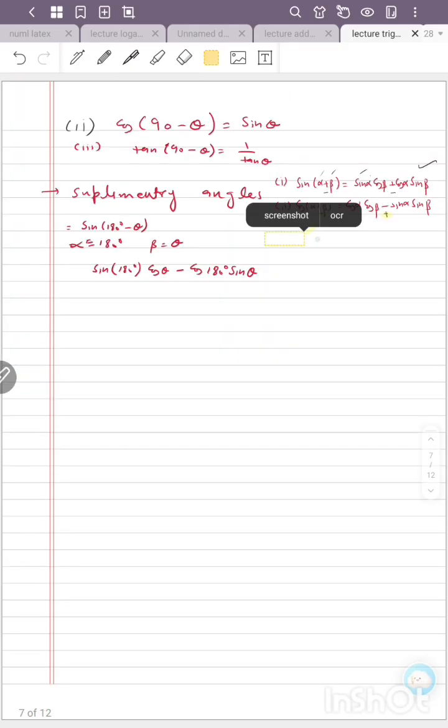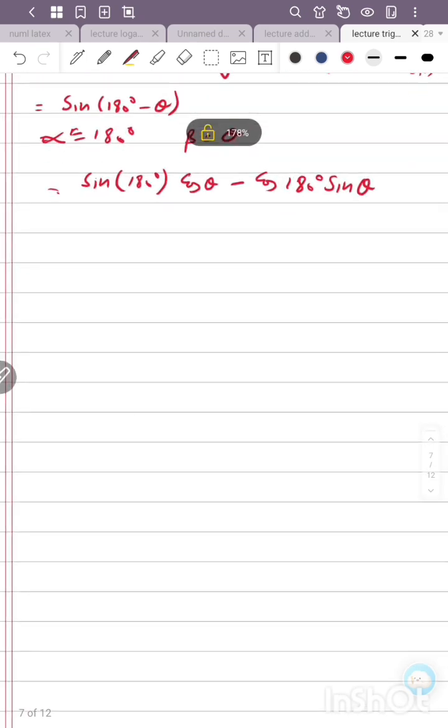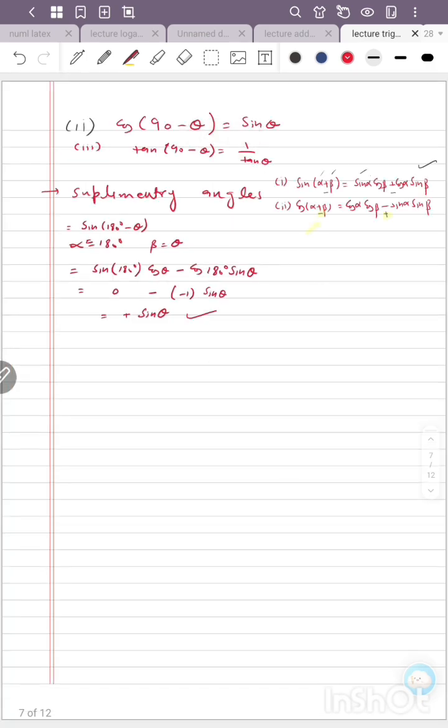Now sine 180 is 0, so that term is 0. Minus cos 180, it's minus 1, and sine theta, in similar fashion, minus 1 times minus 1 gives plus sine theta. So we got our first answer.